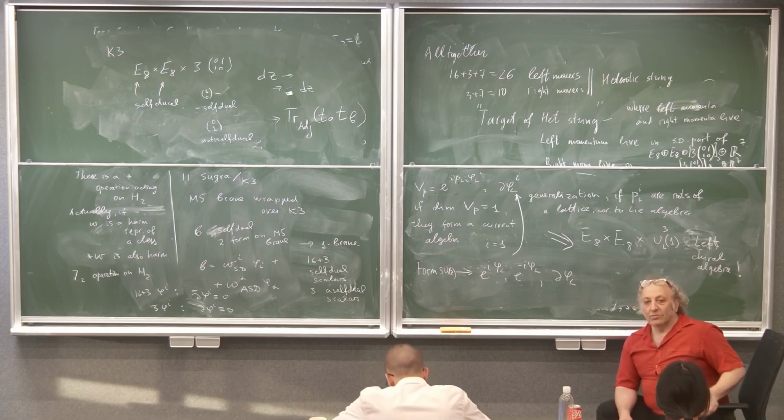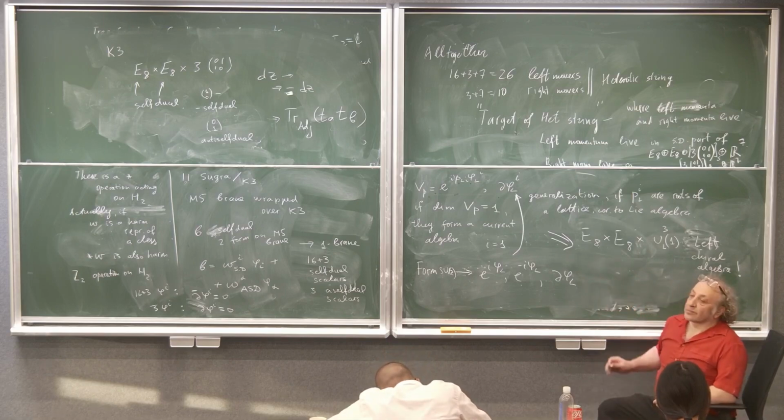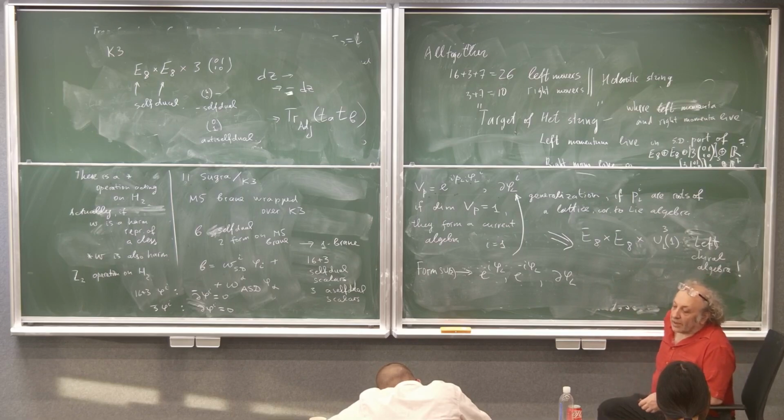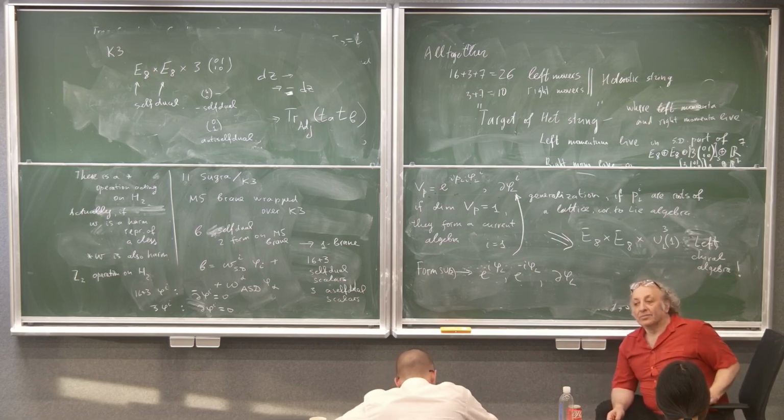And now, using these bosons, we can construct vertex operators of the corresponding string theory, and that is exactly heterotic string theory with the gauge group E8 times E8. So that's how it goes.